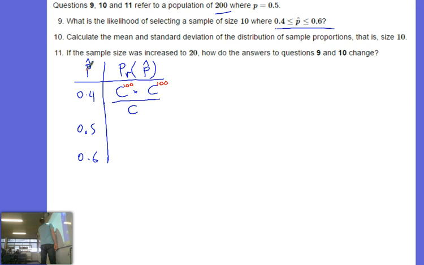Now, for the sample proportion of 0.4, what will be the split now of the 200? So we have to see that 0.4 of 200 gives us how much?